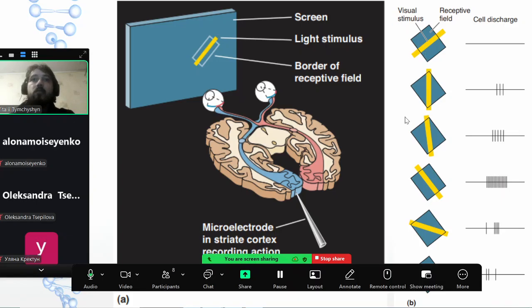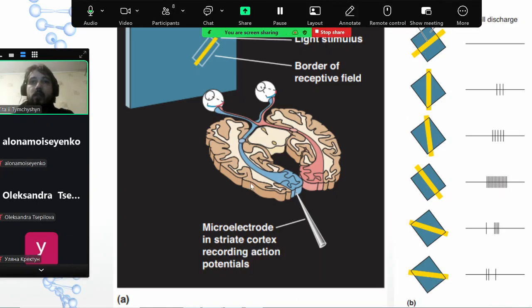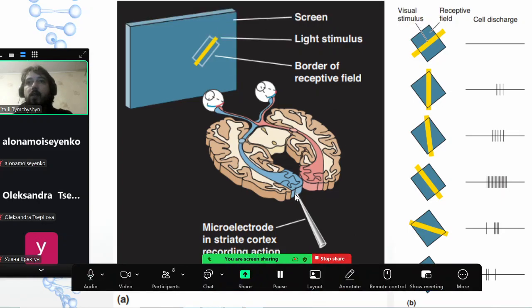Here is an example of a more complicated feature. You see the recording of the microelectrode in the striate cortex. This recording shows us that there is a neuron that reacts to lines that are rotated in an appropriate way.